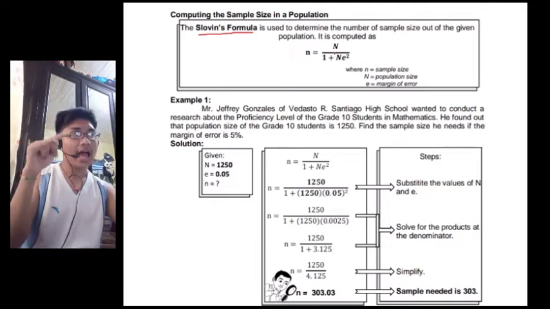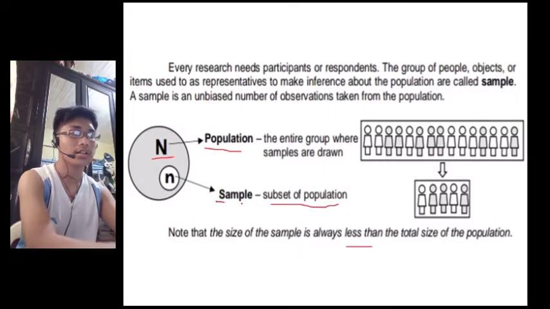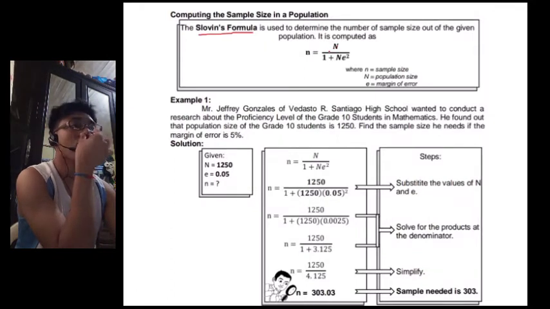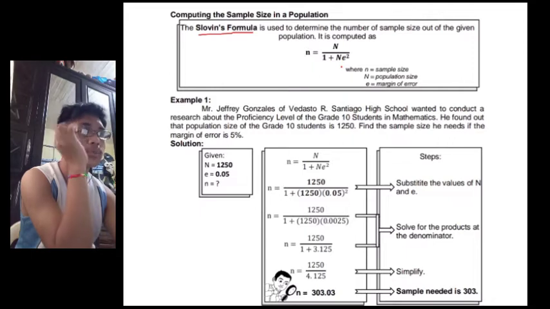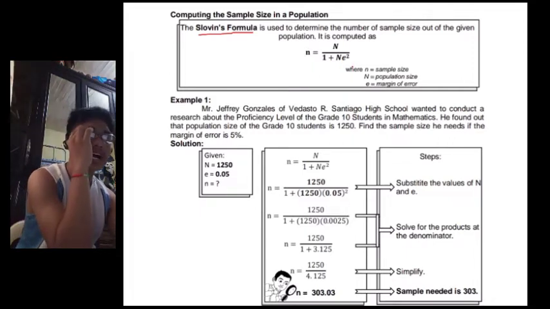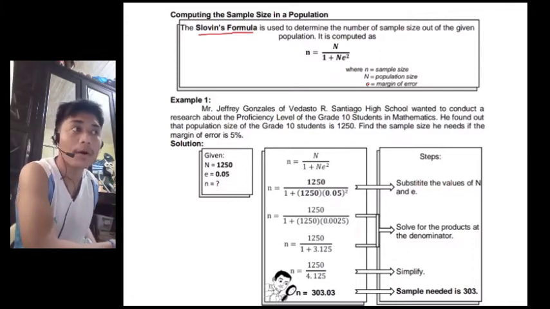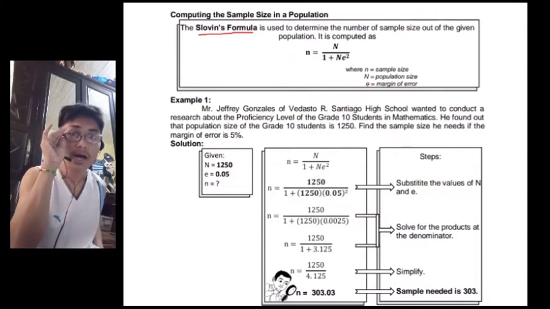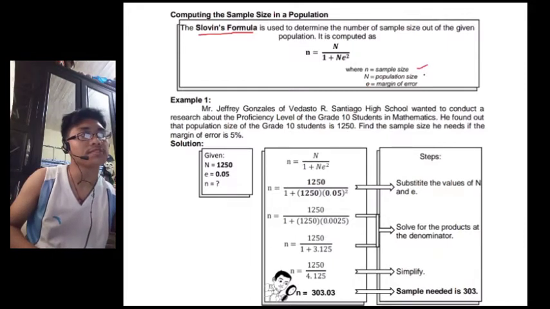It is given as n is equal to N over 1 plus N times e squared, where small n stands as the sample size, capital N stands as the population size, and e stands as the margin of error.